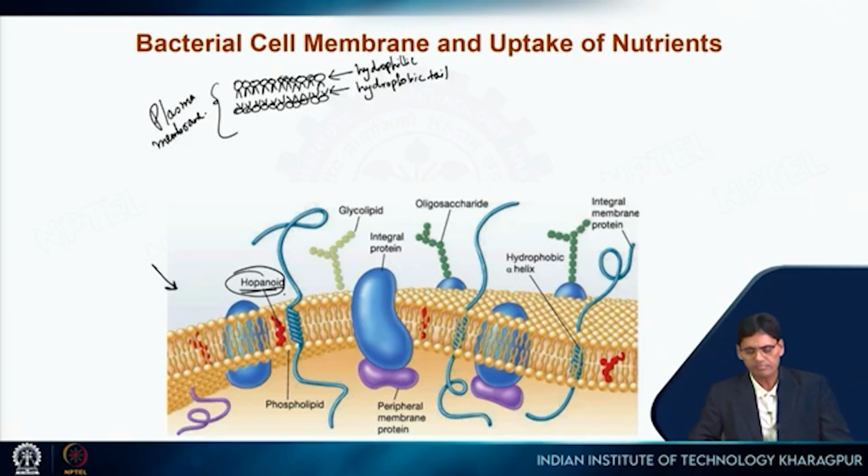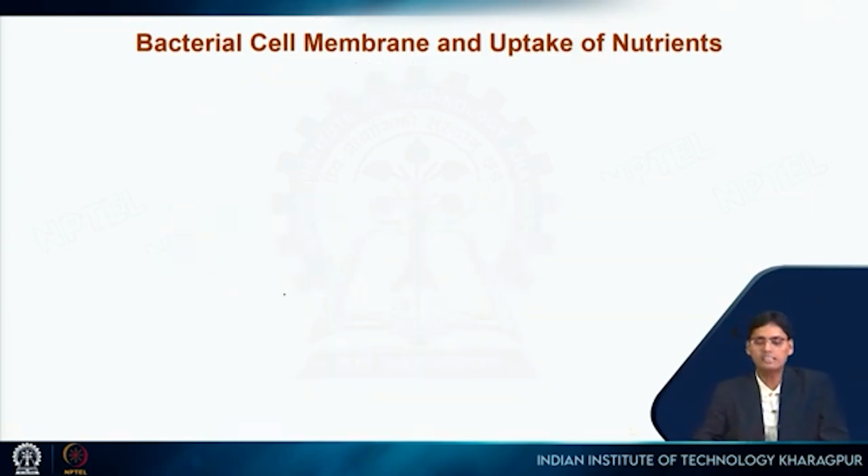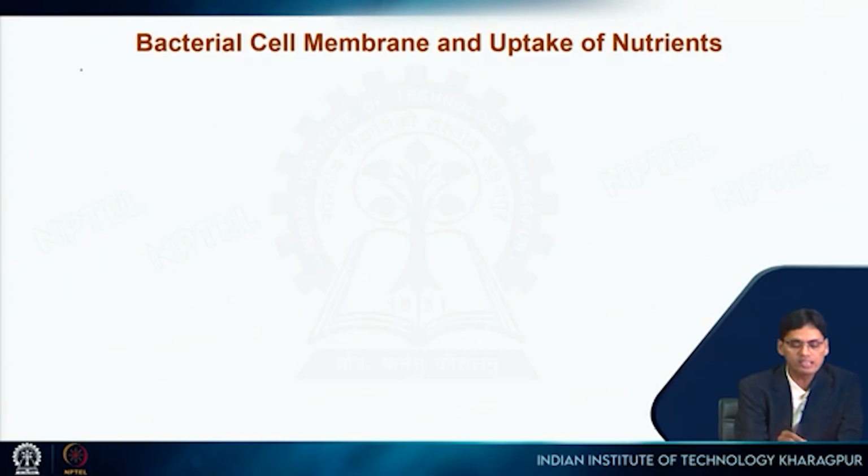Now, if I go to the next slide, the bacterial cell membrane and the uptake of nutrients. There are two major types of uptake. One is diffusion, and the other one is active transport mechanism.